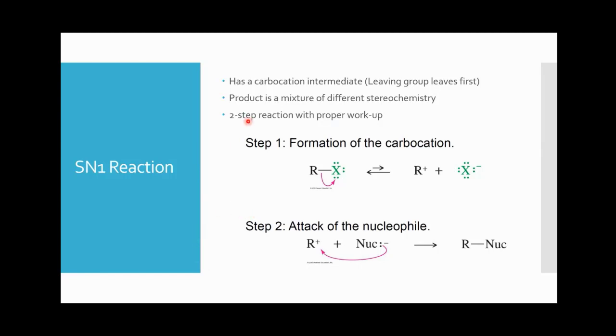Moving on to SN1. An important thing here is you have a carbocation intermediate. That's where you make the leaving group leave first. Here we don't have stereochemistry because it's not a one-step reaction.